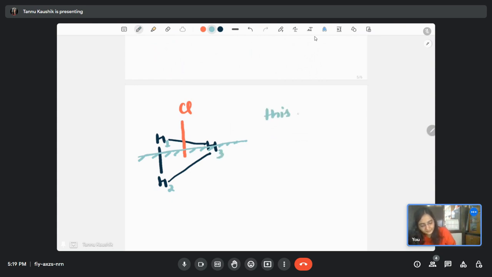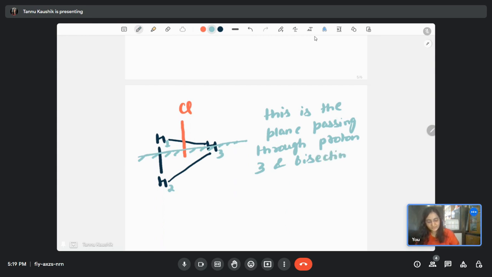This is a plane passing through proton 3 and bisecting protons 1 and 2. So this plane has protons opposite to each other.